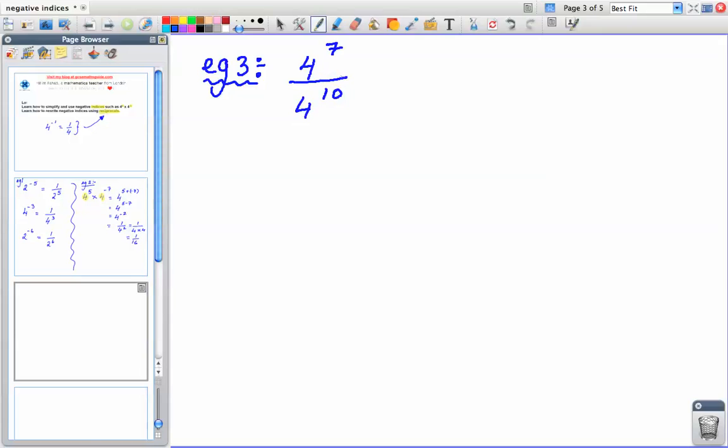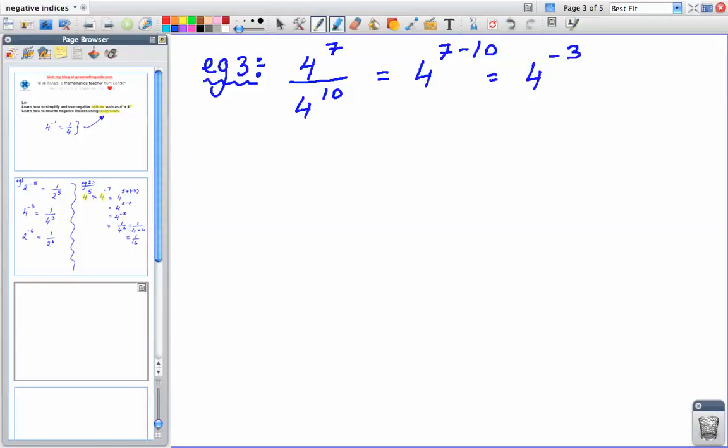Here, because I have a division going on, I'm going to take away the powers from each other. So I'm going to end up with 4 to the power of 7 take away 10. And 7 take away 10 gives me 4 to the power of minus 3.